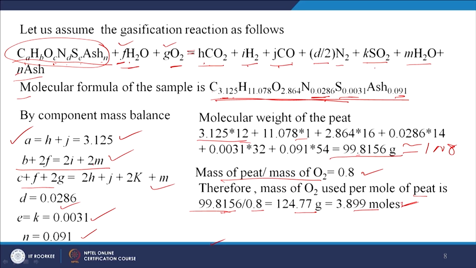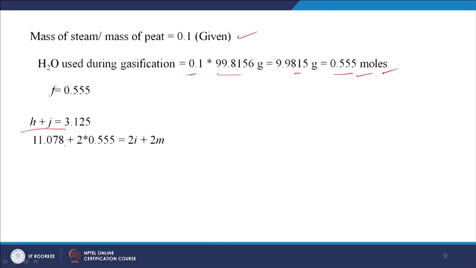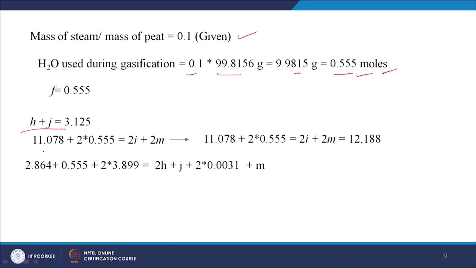If we put the value of B, which is 11.078, and then the F we have calculated, we will get the value of 2I plus 2M. So that is done here. H plus J equals this much. So B plus 2F equals 2I plus 2M. If we add this, we get 12.188.